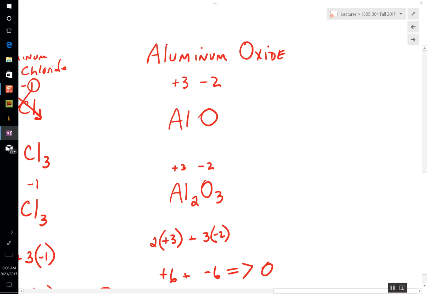Do 1, 2, 3, and 5. Number 4 gets us into a little bit different territory. 1, 2, 3, and 5.